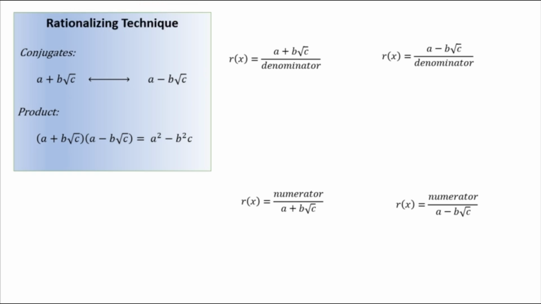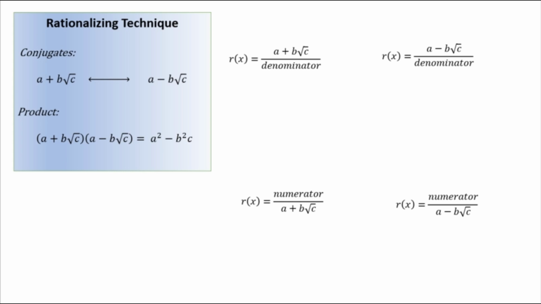If we have a function that contains a radical expression of this form, any one of these, then we want to multiply it by its conjugate, because in so doing, we'll get a product that is free of radicals, like this one.